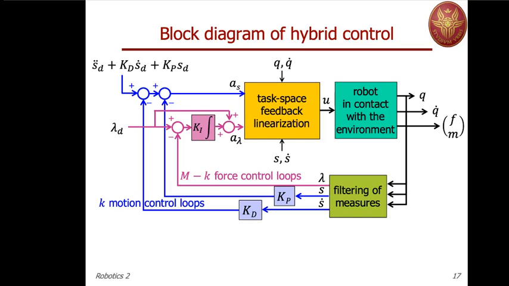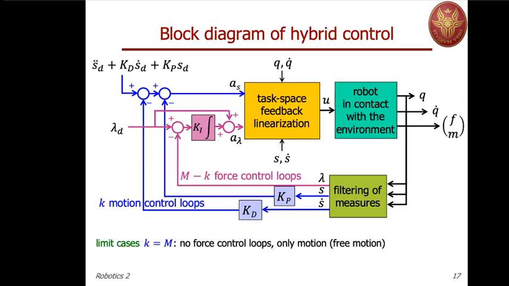Indeed, I have separated this, so I have the blocks on the feedback loop and I have a combined feed-forward term, but if you recombine these things, you have exactly desired acceleration plus PD of the error.